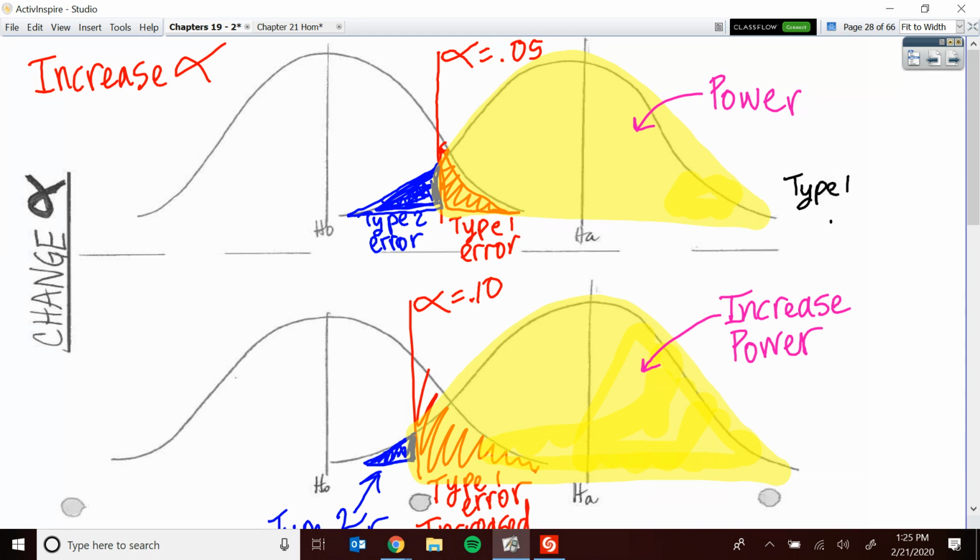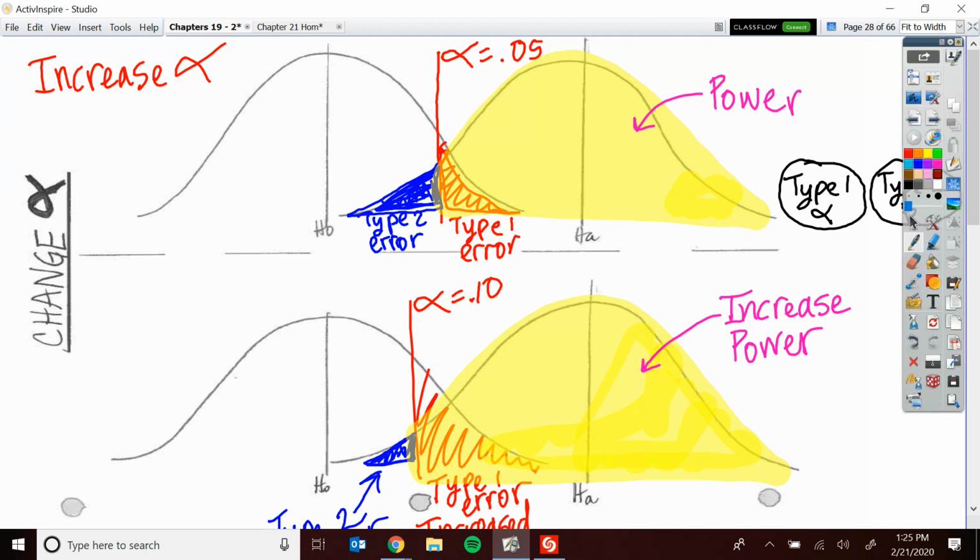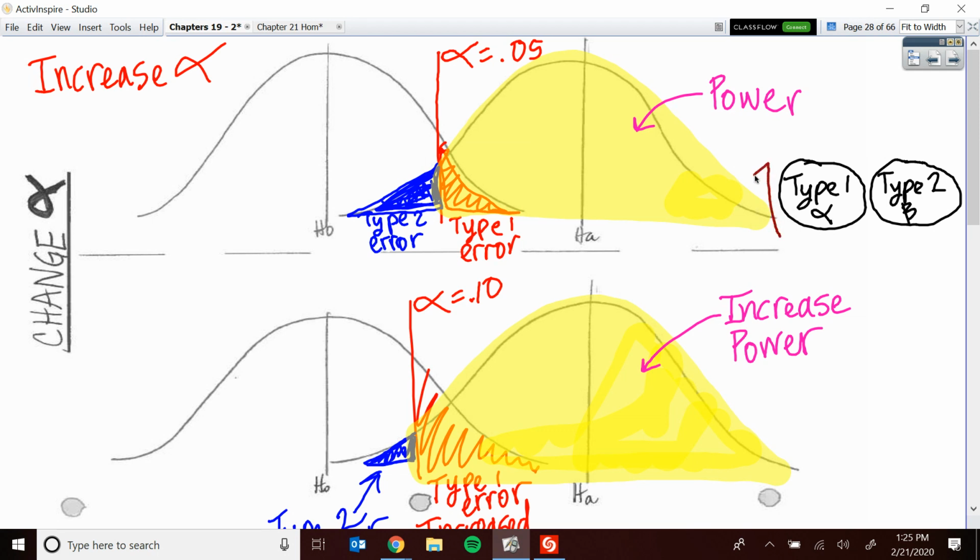Okay, so real quick, we'll go ahead and draw our little thing that we know so far. Type 1 is alpha. Type 2 is beta. And as the left goes up, the right goes down. And these are the ways to increase power.